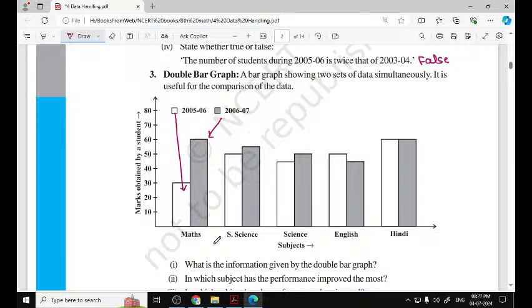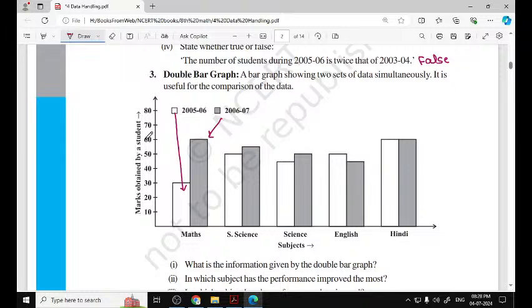This pair represents marks in science in 2 consecutive years. Similarly, here this pair represents marks in social science. Oh, sorry, this is social science and this represents science. This pair represents marks in English and this represents marks in Hindi.